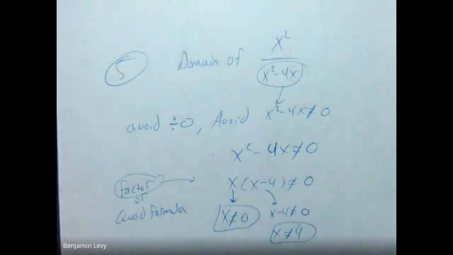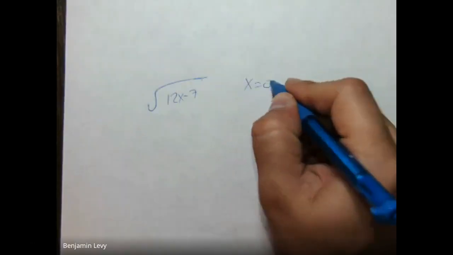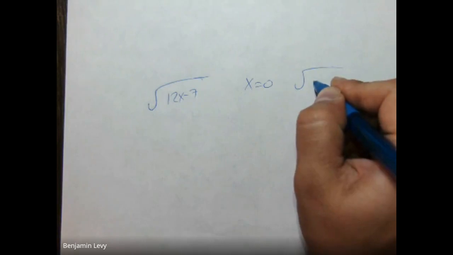What did I just do with that one? No, the one after that, the square root of 12x minus 7. I thought it couldn't equal 7 over 12 and also 0.